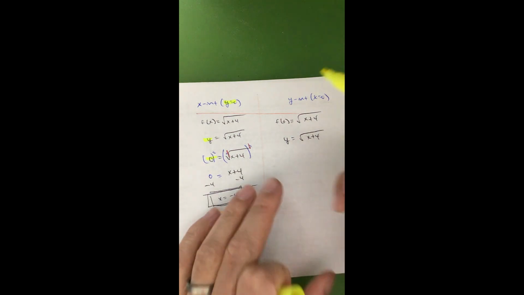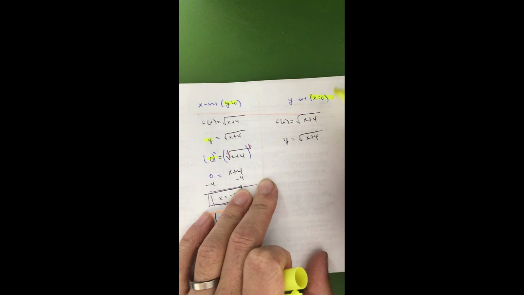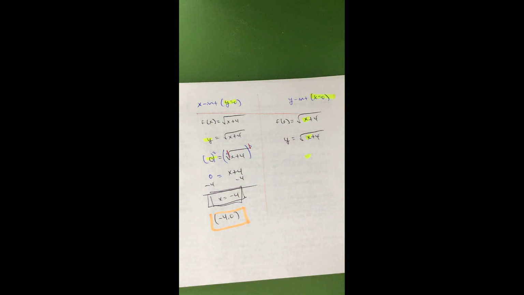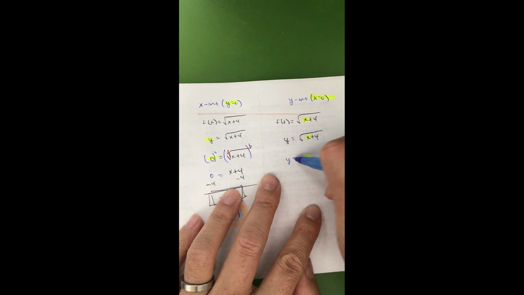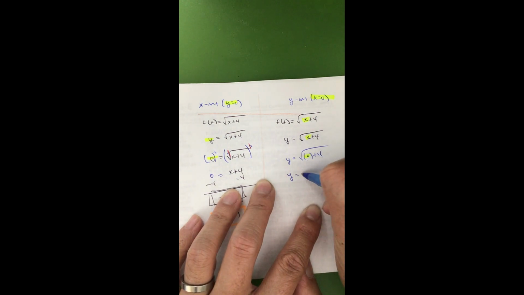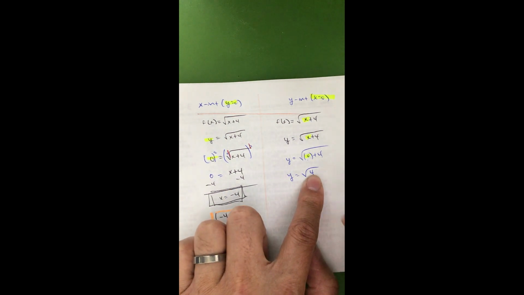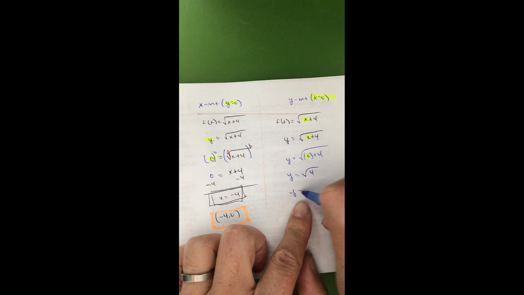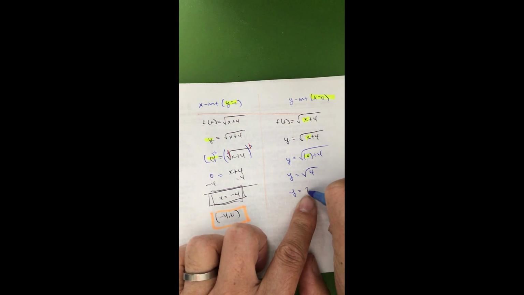We're going to now make x equal to 0. 0 plus 4 is 4. The square root of 4 is 2.